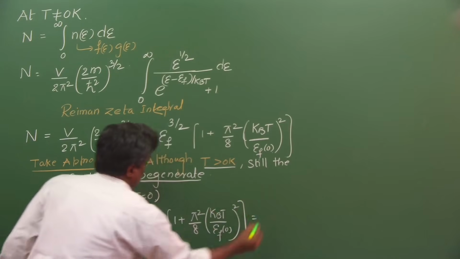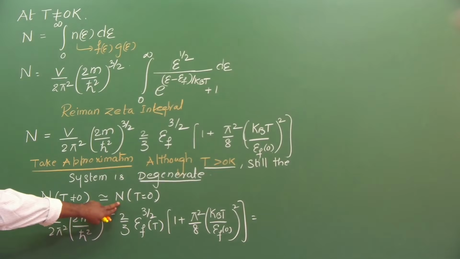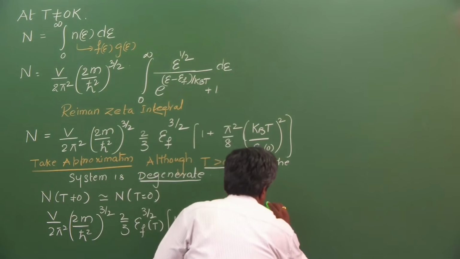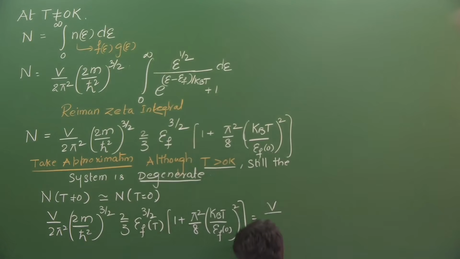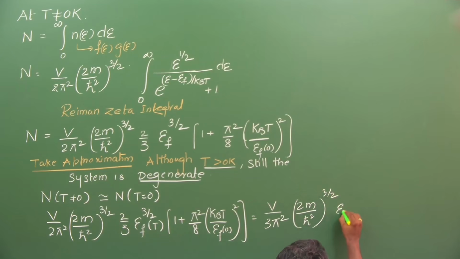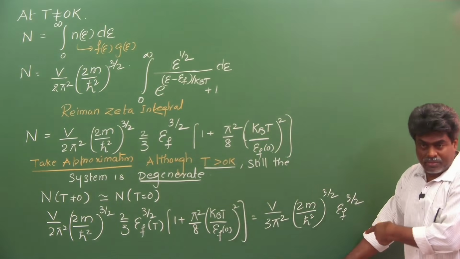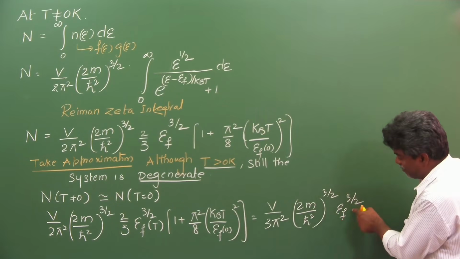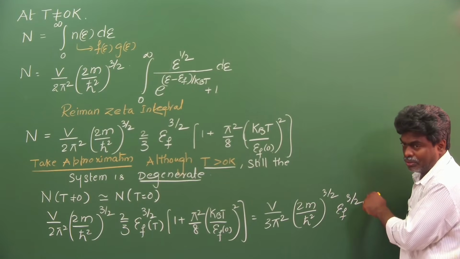Slowly. I hope everybody knows the number of electrons at T equal to 0. V by 3 pi square, 2m by h cross square whole power 3 by 2, EF power 1 by 2. Once you integrate you get EF power 3 by 2 into 2 by 3.